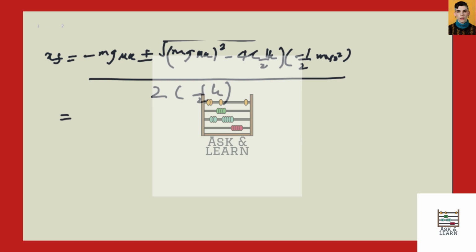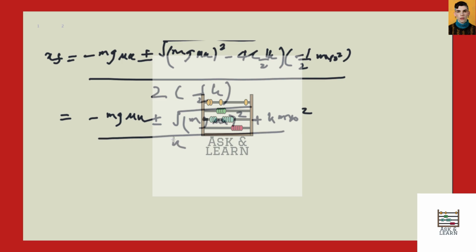If you solve that, you will get minus mg mu k plus or minus the square root of mg mu k squared plus k m v naught squared, divided by k.